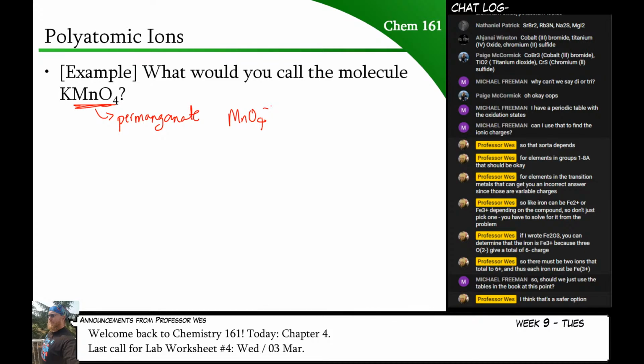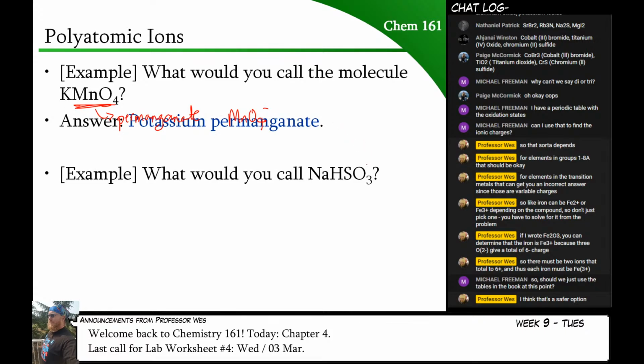So this would be potassium permanganate, because that's the permanganate ion right there. This right here, I'll actually write above it. So this is either hydrogen sulfite, which is this, or bisulfite.